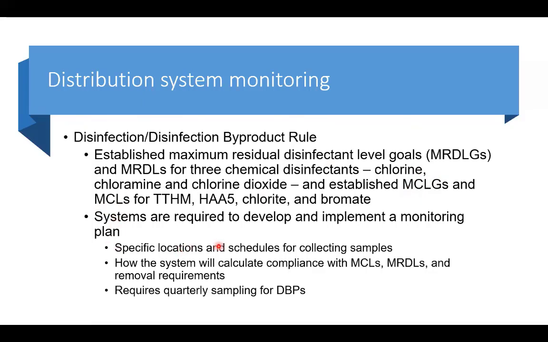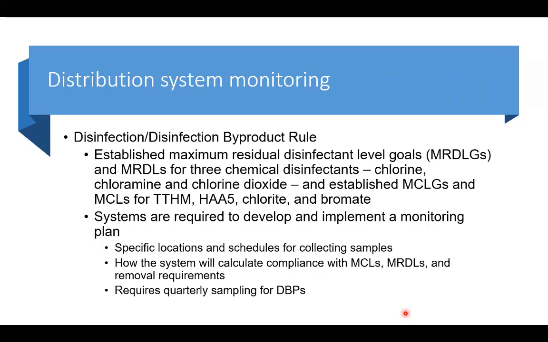And the systems are required to develop and implement a monitoring plan. This monitoring plan would include specific locations of where they sample, the schedules for collecting samples. So for instance, trihalomethanes and haloacetic acids have to be sampled quarterly. They're sampled at the same location where bacterial samples are collected.